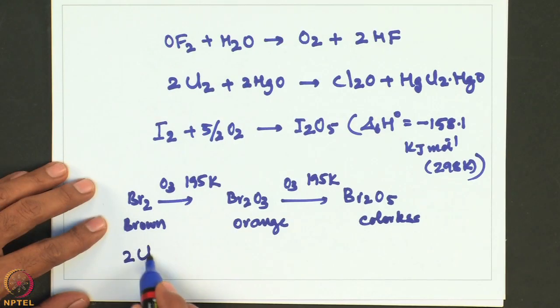Dichlorine monoxide Cl2O is obtained as a yellow-brown gas by the action of Cl2 on mercuric oxide or moist sodium carbonate. Let me write another method here.